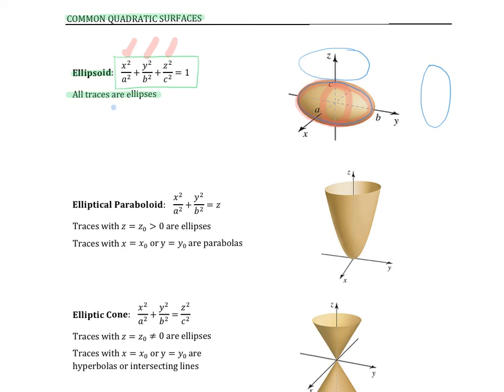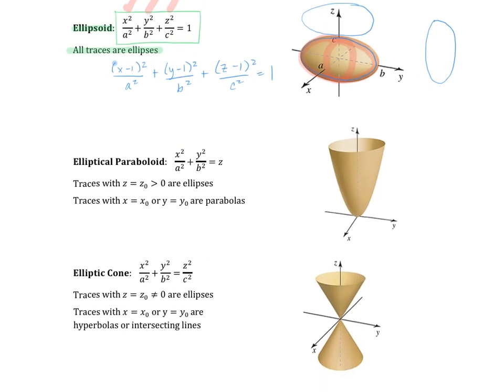So for instance, if I had a center of 1, 1, 1, then maybe this would be x minus 1 squared over some value a squared, plus y minus 1 squared over some b squared, plus z minus 1 squared over some c squared equal to 1. So yes, we can shift them. Okay? It just changes the equation, changes your x, y, and z.